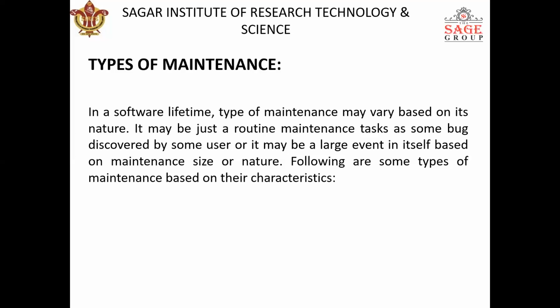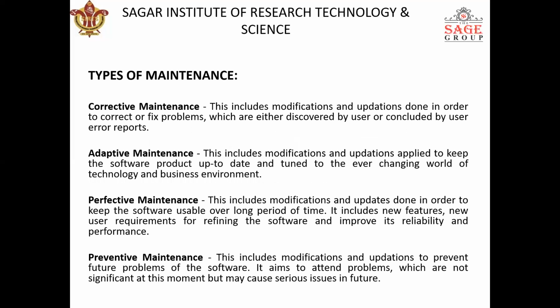So these are the types of maintenance, means why we require maintenance. There are some types of maintenance based on some following properties: corrective maintenance, adaptive maintenance, perfective maintenance, and preventive maintenance.